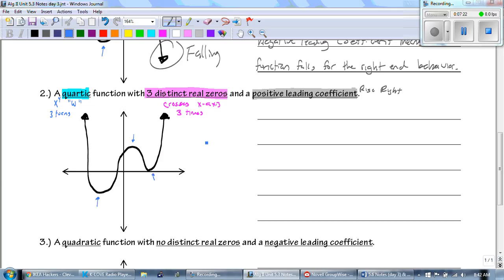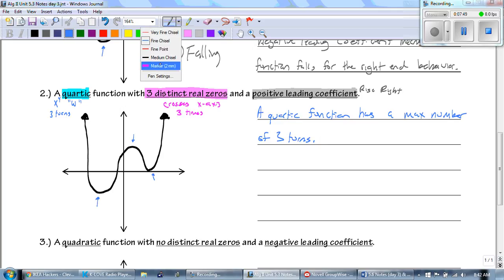Good. So a quartic function has a max number of 3 turns. Beautiful. I've got a max number of 3 turns. Now, my 3 distinct zeros, 1, 2, 3.